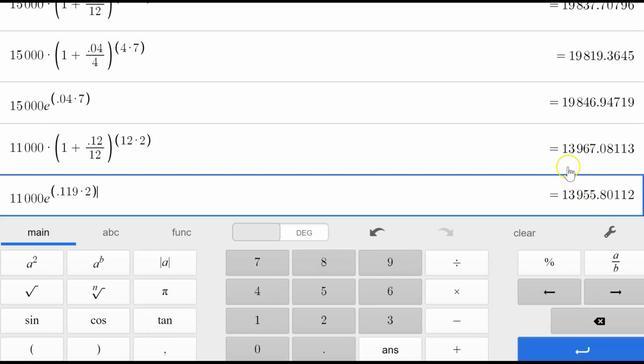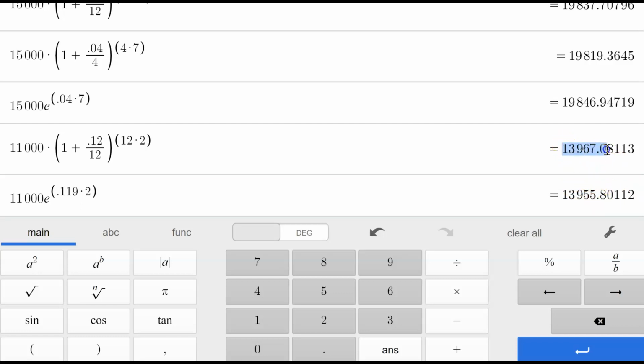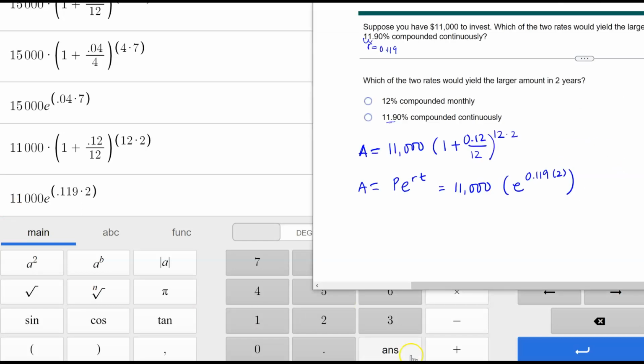All right, so you compare these two values. Which one would yield the larger amount? This first one here, at 12% compounded monthly. So that is the answer. In this case, it is the first option that would yield a larger amount in 2 years.